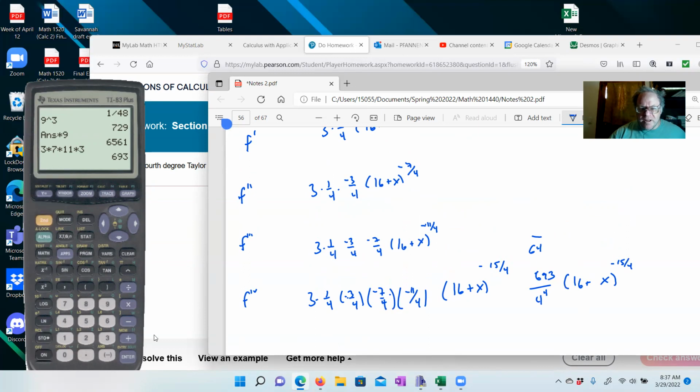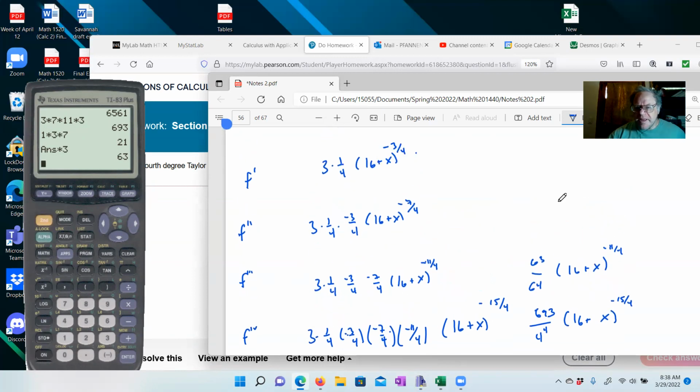Then we have 1 times 3 times 7, and then times the 3 at the beginning. That's 63. We have 16 plus x to the negative 11/4. And all we're doing is just doing this more and more.